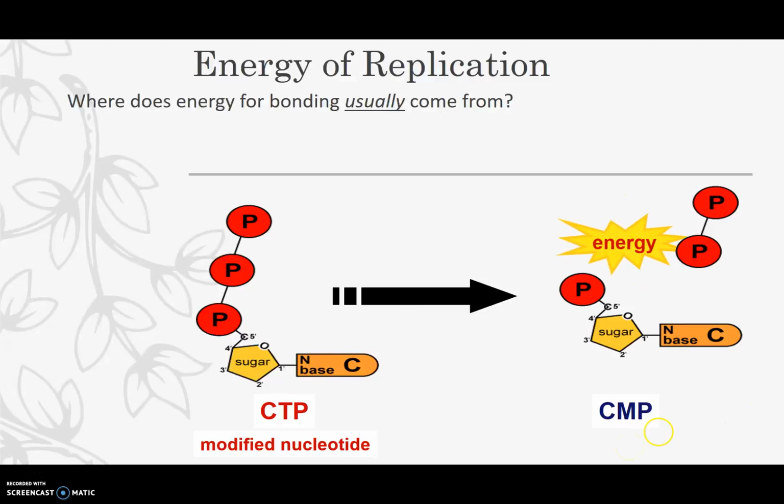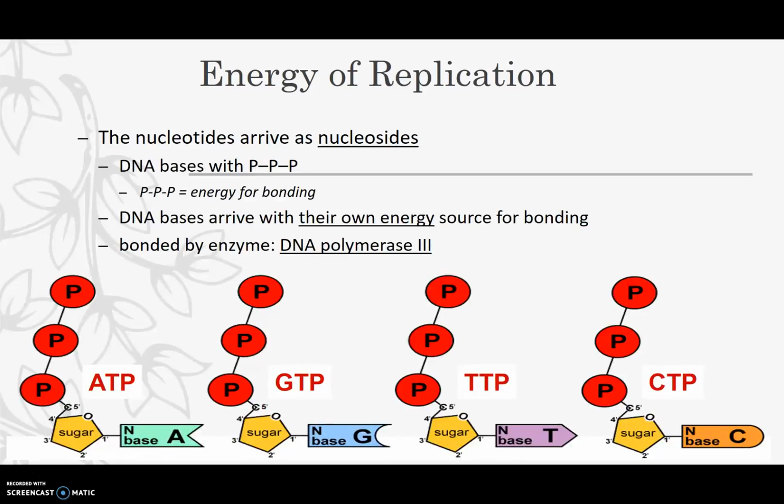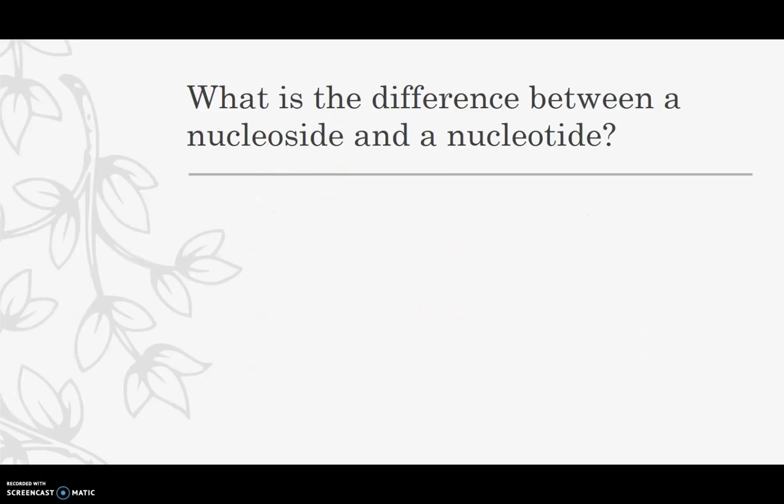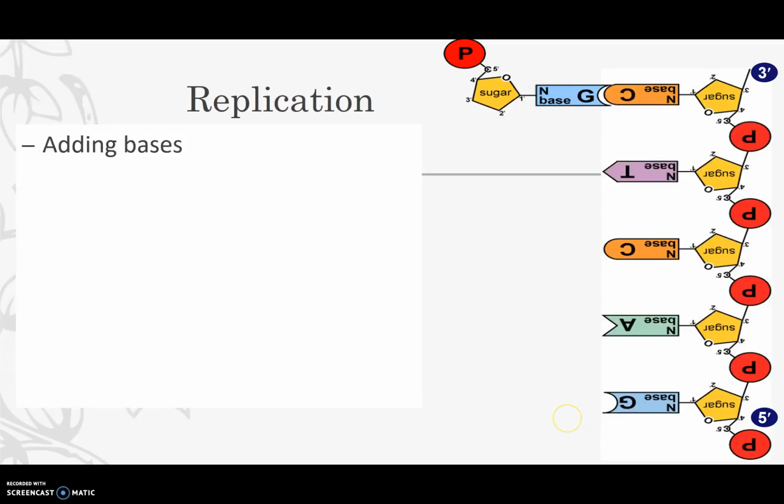All right. So when we look at these molecules, we call them nucleosides. Nucleosides have 3 phosphates. They bring their own energy source to bond and connect to the next nucleotide. So in your box, just check yourself on the difference between a nucleoside and a nucleotide. Okay, so let's go ahead and see how this happens.